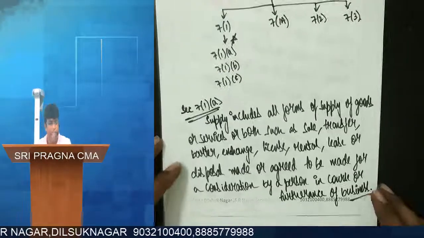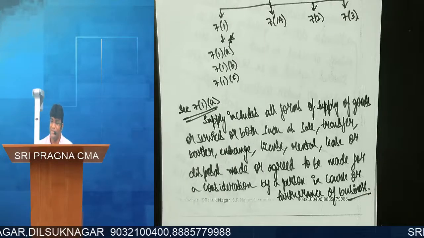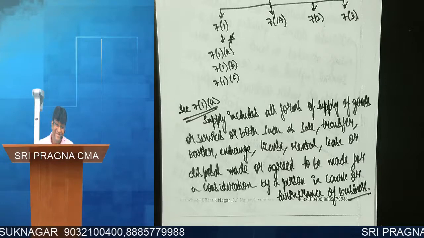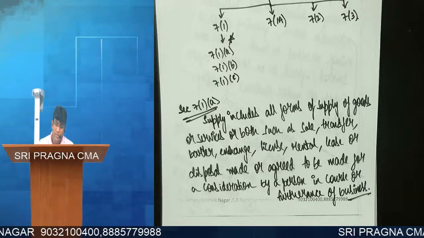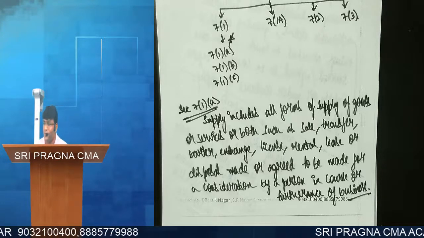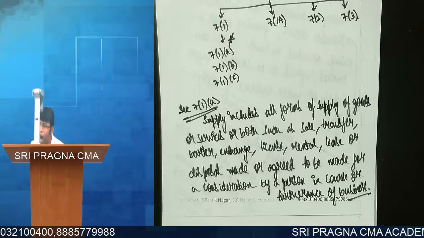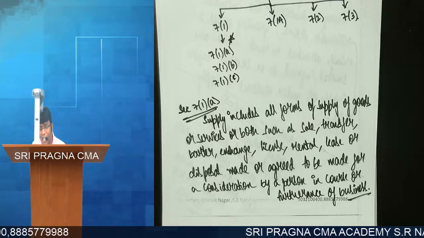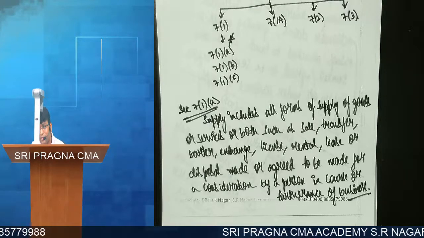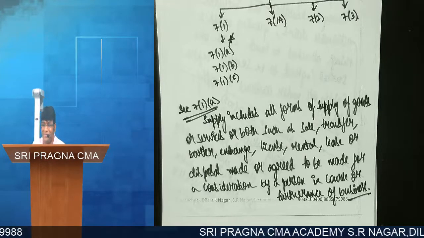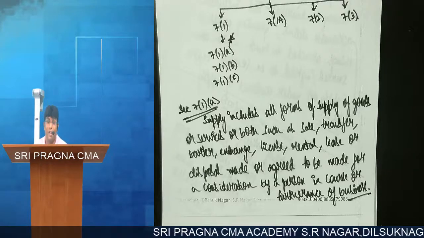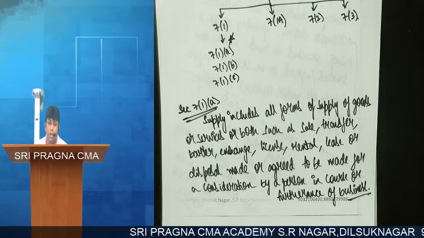sale, transfer. Friends, what is sale? Sale means sale. Okay, what is transfer? Simple logic, sir. Sale is a case where transfer of right is given along with transfer of ownership.